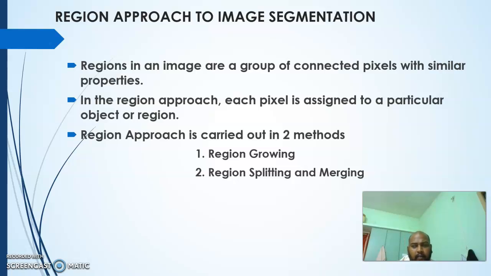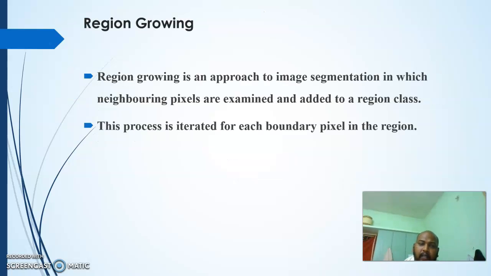So how is this region framed? Here we want to see. When we see how it is framed, there are two methods: one is region growing and another one is region splitting and merging. First we can see about region growing.